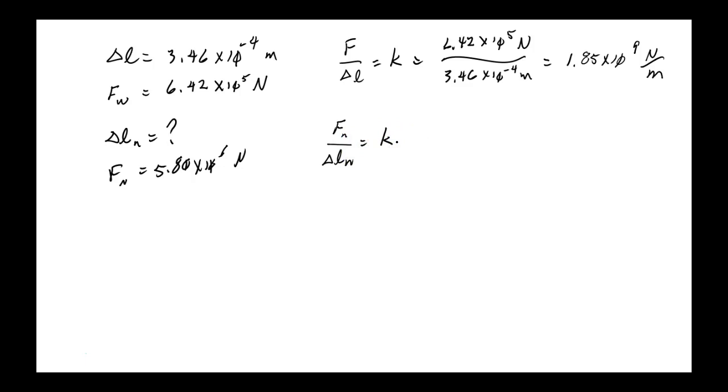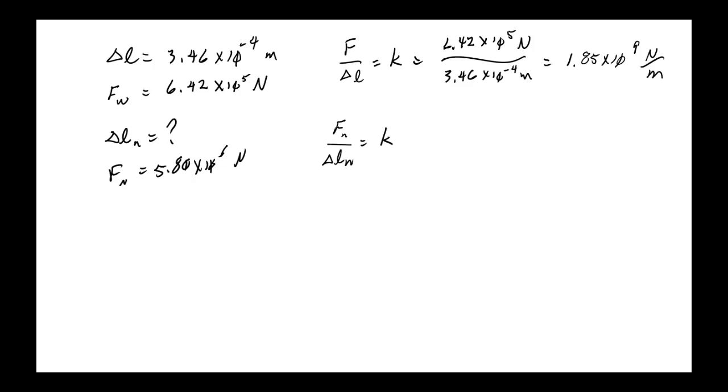It's the same column, okay? It's just being compressed under a bigger weight. And now do you want to plug and chug or chug and plug? I don't really care too much. Help me somebody. You want to solve for delta L first and then plug in the numbers, or plug in the numbers then solve for delta L? It really doesn't matter much to me. You tell me.